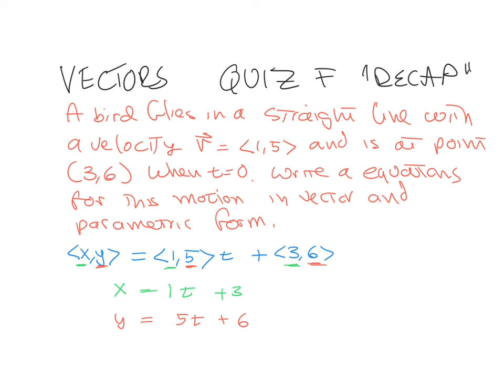When we break it into separate x and y equations, we're really saying the same thing. We have a way of calculating x as a function of time, and we have a way of calculating y as a function of time. And that's what the vector equation was saying too. We have a way of calculating x and y as a function of time using these two constant vectors. So these are both expressions of the exact same thing.